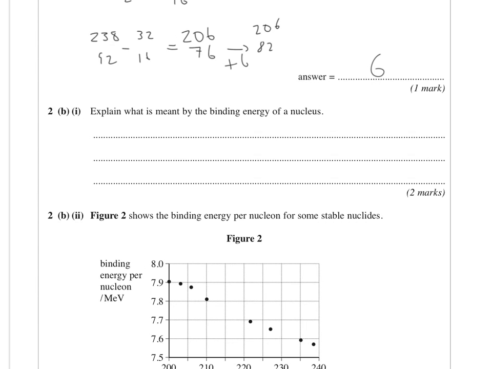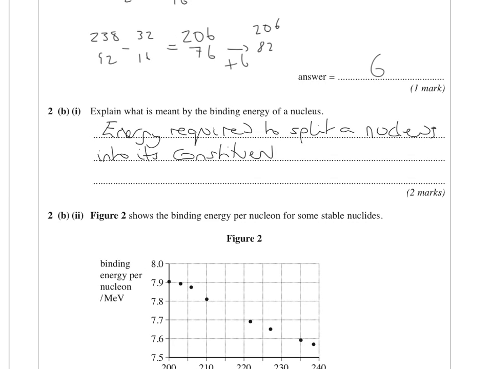I typically go with the splitting one, so the energy required to split a nucleus into its constituent protons and neutrons.